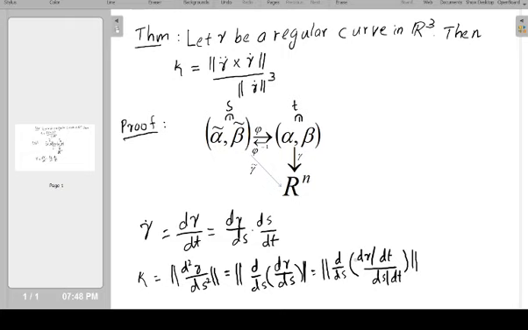So this is equal to the norm of, I will write this as d by dt of d gamma by dt divided by ds by dt, divided by ds by dt.